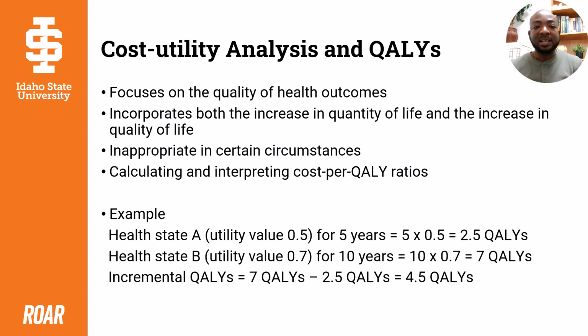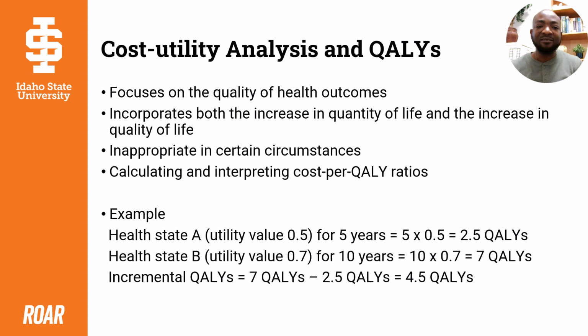So let us look at how to calculate and interpret cost per QALY ratios. Calculating QALYs requires the collection of disease-specific survival data with and without treatment, and the quality of life weights for health states with and without treatment. So economists prefer to measure quality of life in terms of utilities.